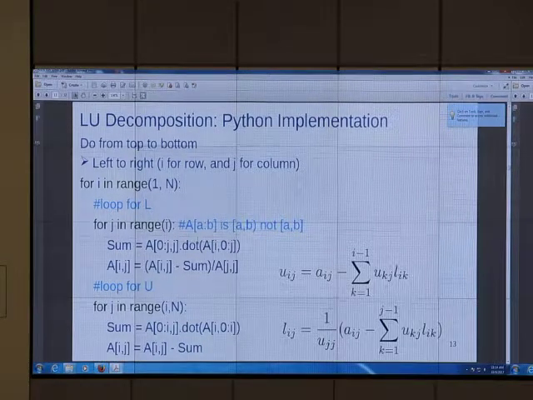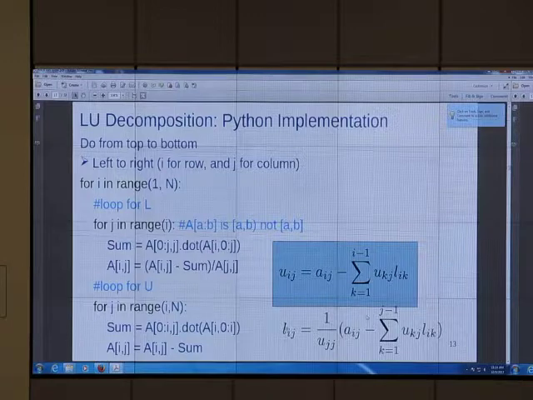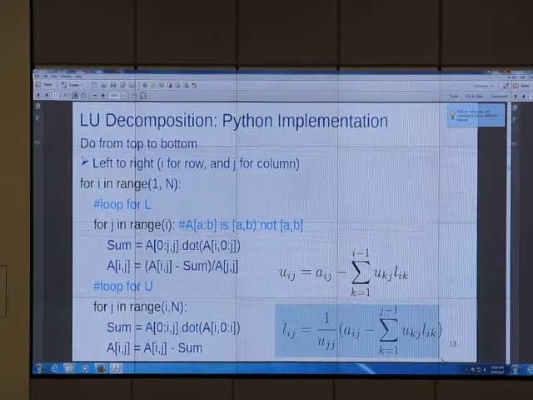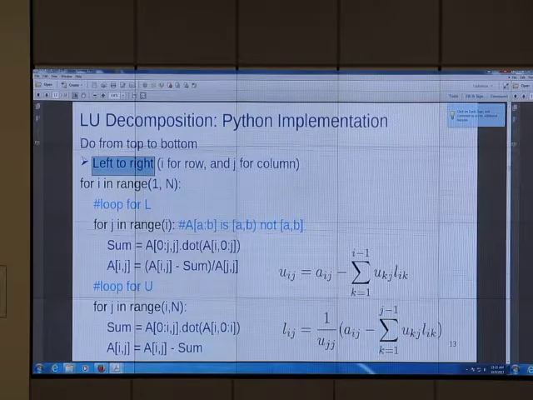Okay, now let's take a look. You see this one? That's the equation for U. And we have the equation for L. So what I do is I go top to bottom and left to right.